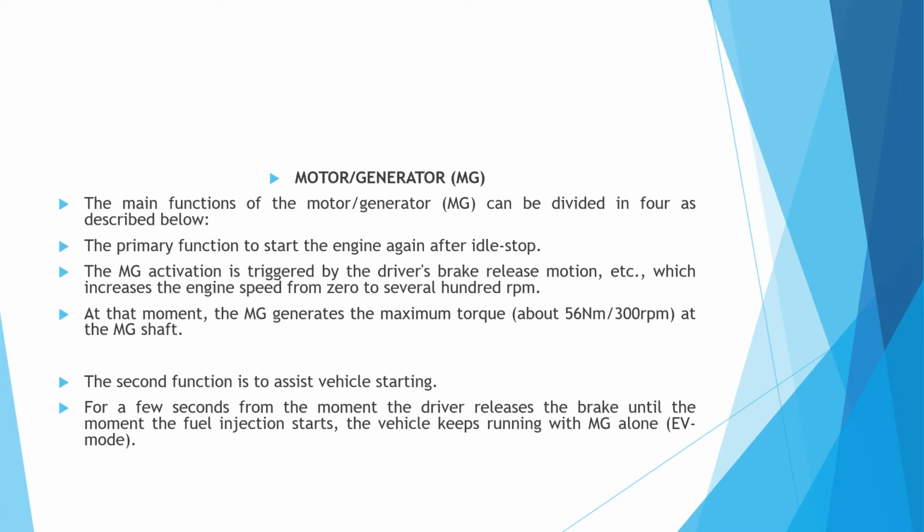At that moment, the motor generator generates the maximum torque, about 56 Newton meter at 300 rpm, measured at the MG shaft. This is the first, primary function.